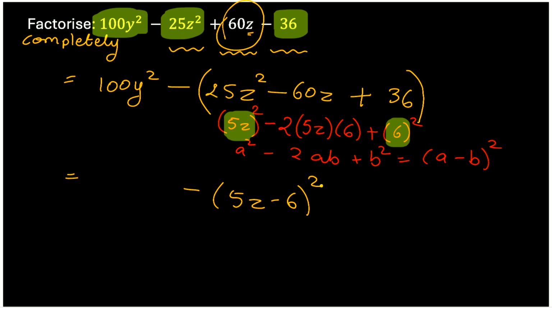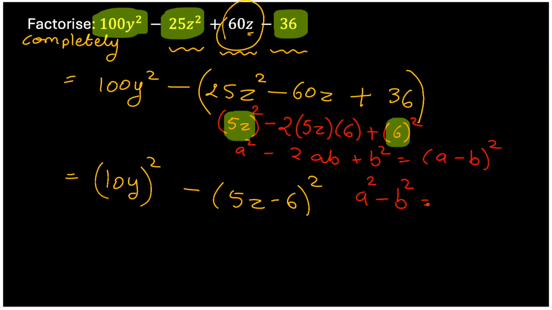And the first term is a perfect square of 10y. And now this is a different identity, a square minus b square. If there are 2 square numbers and a minus sign between them, you remove the square, you remove the power.